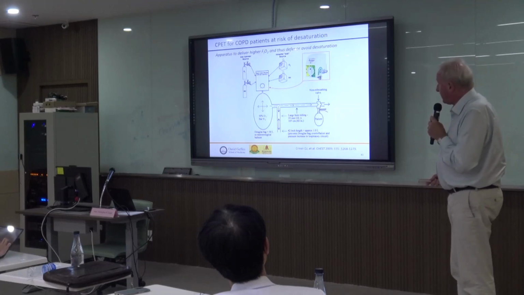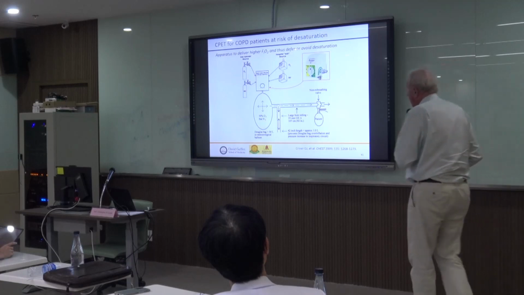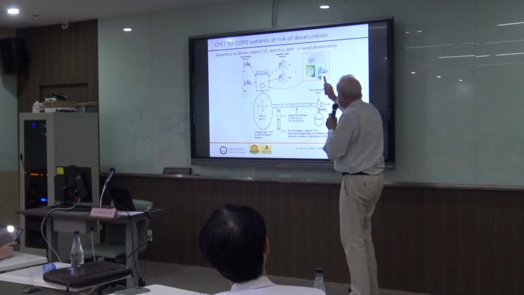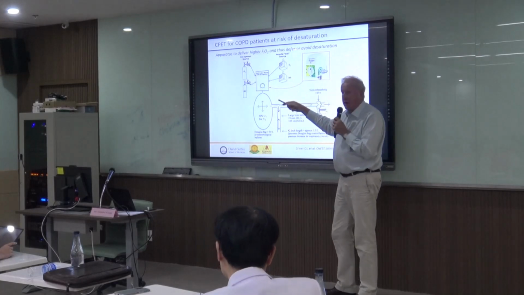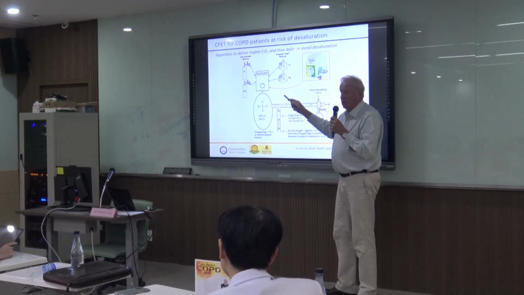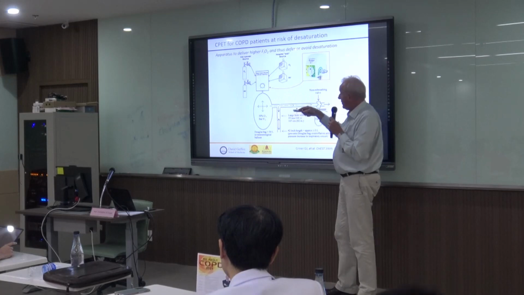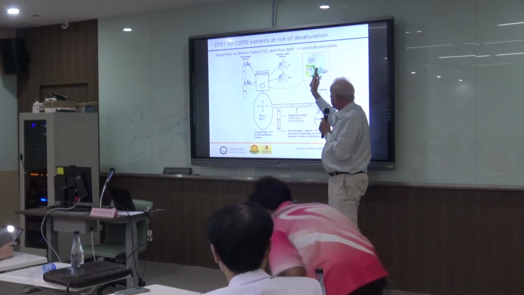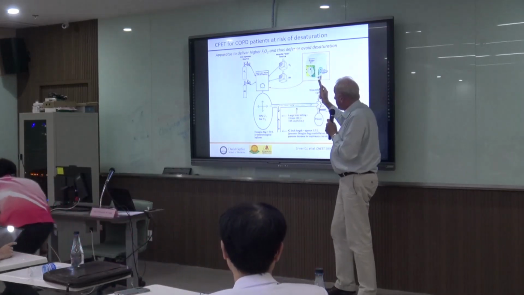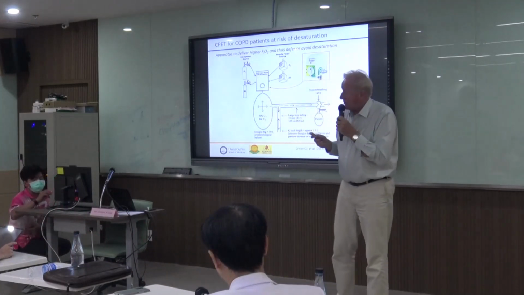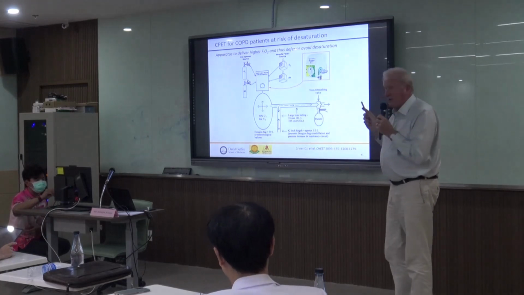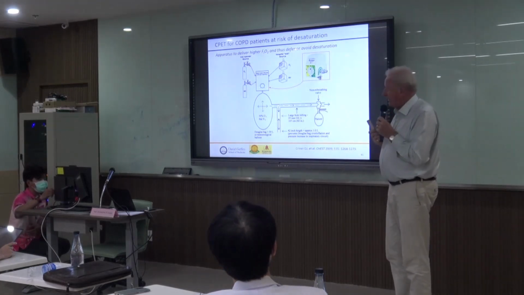But to prevent them from desaturating, we had this set up with a blender, so you have an air and oxygen supply either from the wall supply or from cylinders going into a blender, and then the blender creates a predetermined concentration of oxygen. For this study, we chose 30%.